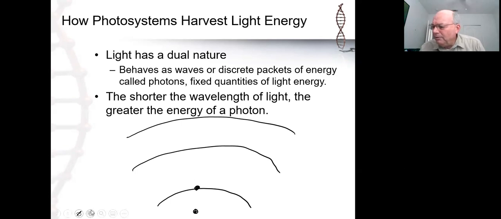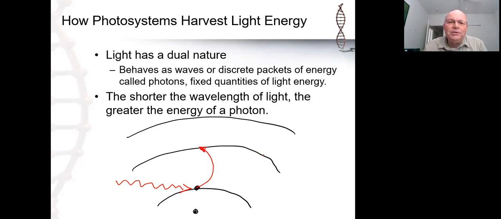So if that electron is collided with or hit by a particle of red light, a photon of red light, there's going to be a transfer of energy. And that transfer of energy now allows the electron to move out here.